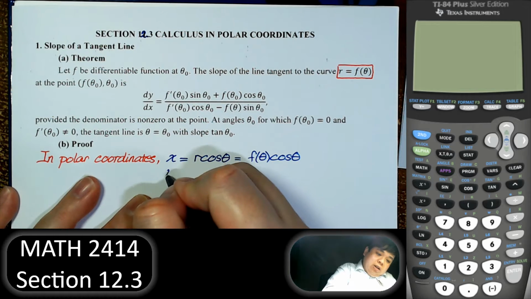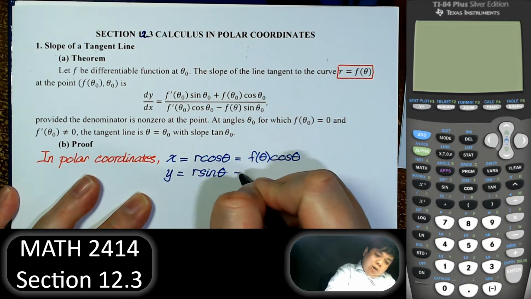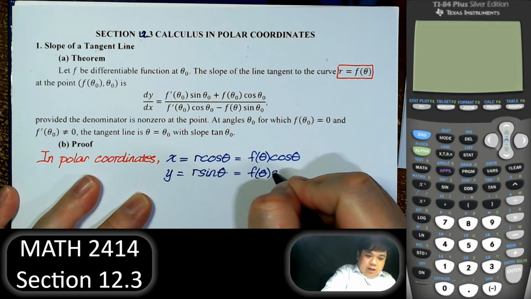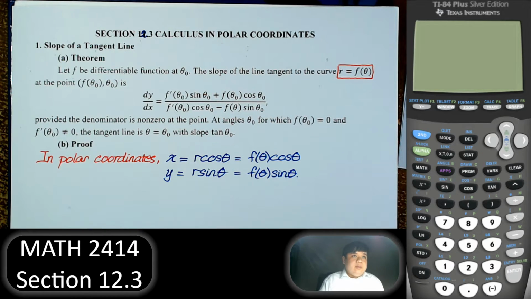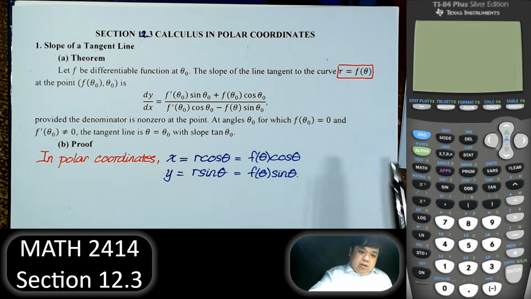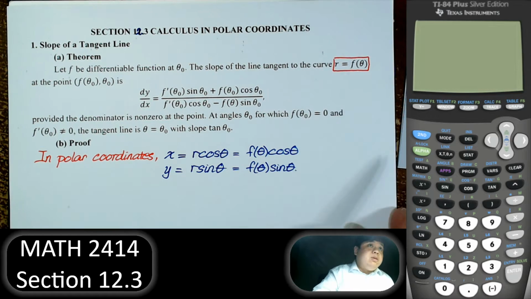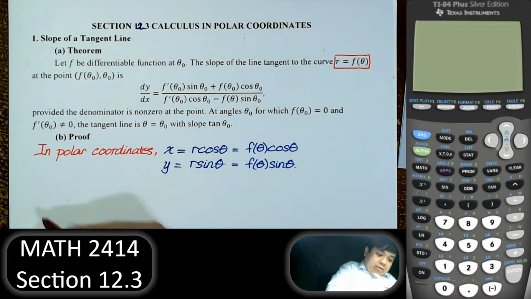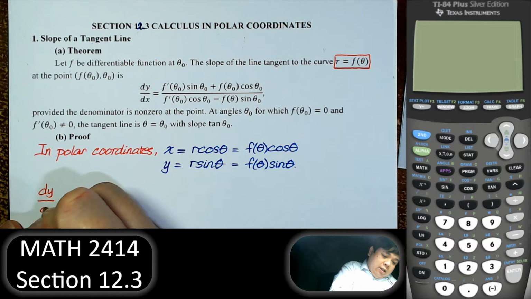And then similarly, y is r sine theta, or f of theta times sine theta, because the curve r is equal to the function f of theta. Now we take the derivative dy over dx.